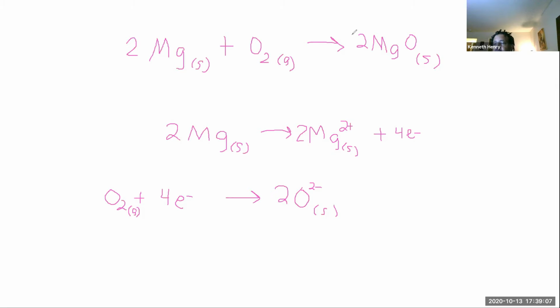Okay. So this is just showing you oxidation reduction reactions. Now, can you identify which one is being oxidized and which one is being reduced? The magnesium is oxidized.